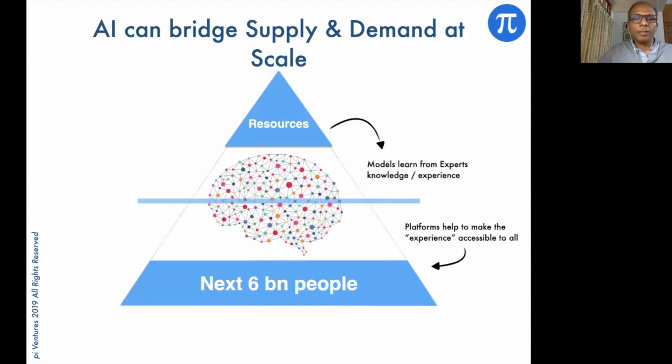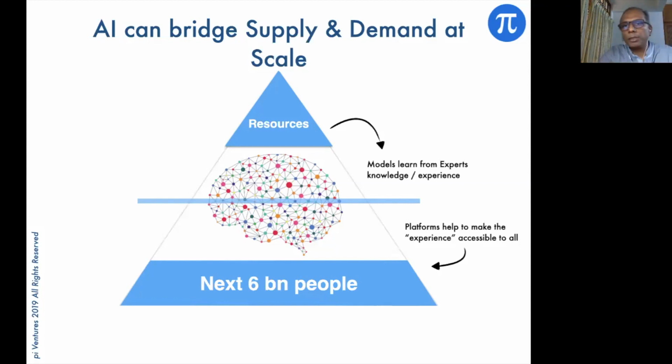So another way of looking at this is our generalized model for digital health and many other platforms where there's a large demand base. There are a lot of people to be catered to, but only very few high quality resources available to cater to that.